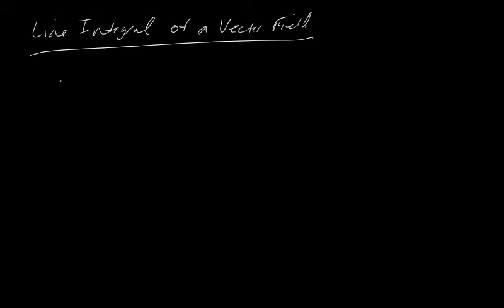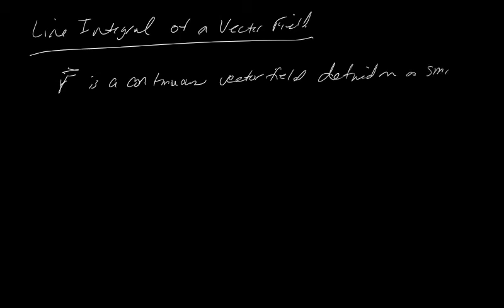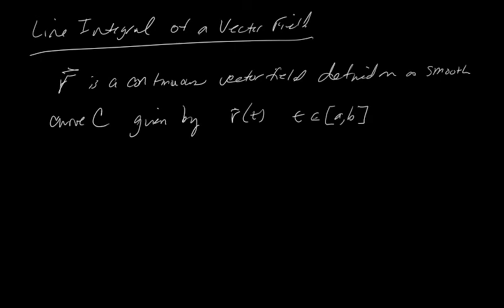So if F, capital F, is a continuous vector field, defined on a smooth curve, C, given by r of t for t between a and b. Okay, so t is an element of the interval from a to b.